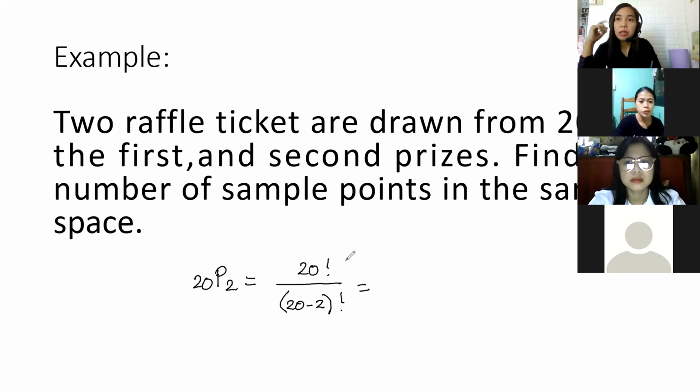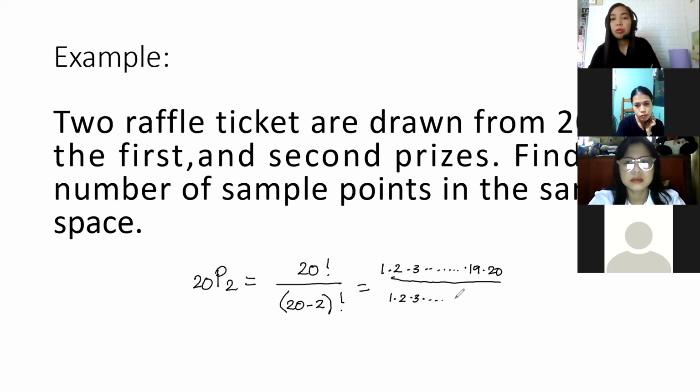20 factorial means 1 times 2 times 3 up to times 19 times 20. At the bottom, when simplified, 20 minus 2 is 18 factorial, so 1 times 2 times 3 up to times 17 times 18.